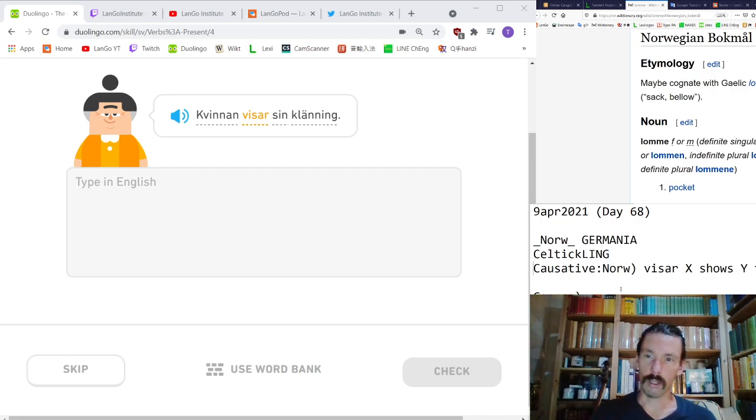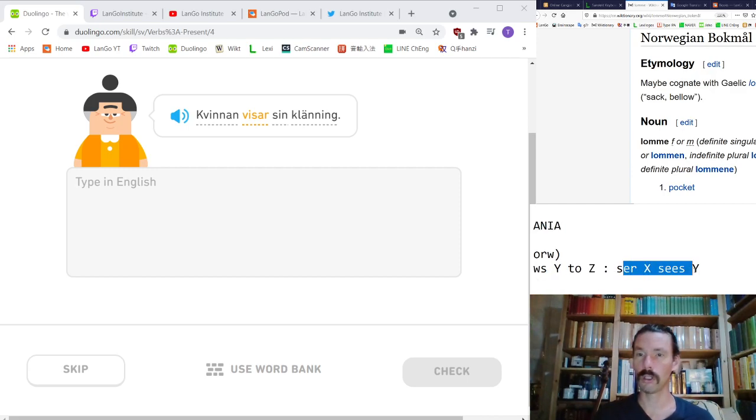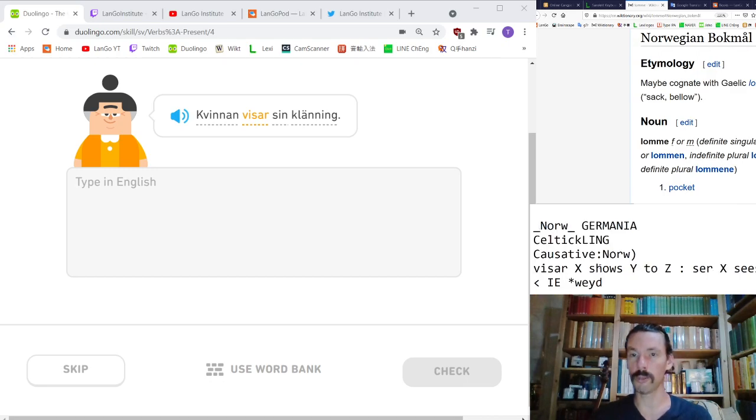Now we have ser, but this is from the Indo-European root weid. It's not related to the form ser, to see, X sees Y. The basic one is transitive, this seeing one, and the causative one means show.